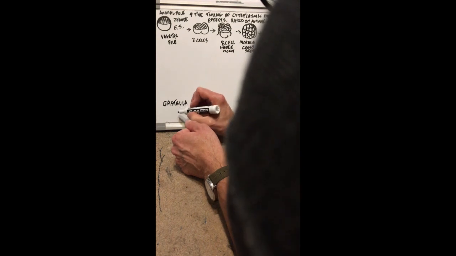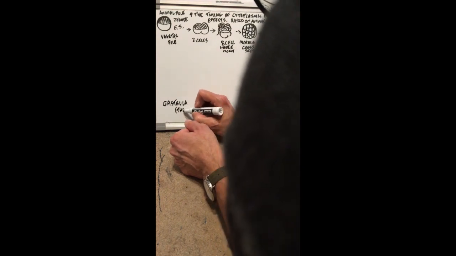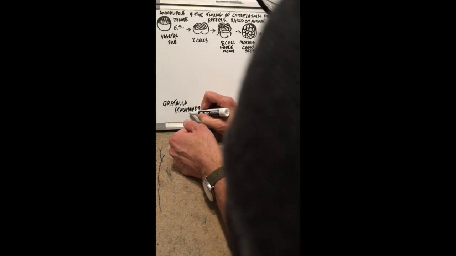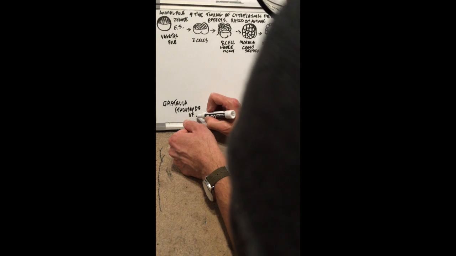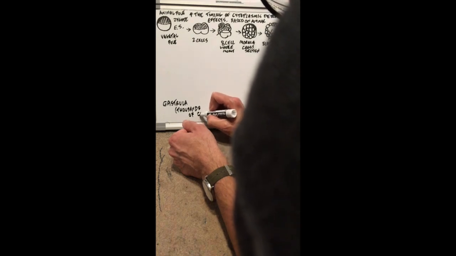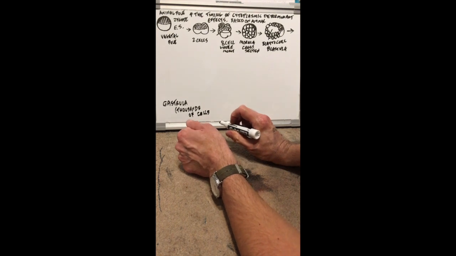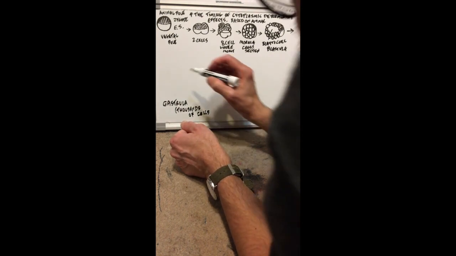So at the point of a gastrula, we're talking about thousands of cells. So I'm not going to draw cells anymore. Instead, because of what happens during gastrulation, I'm going to draw these embryonic tissues. So during gastrulation, the embryo is still the same size.